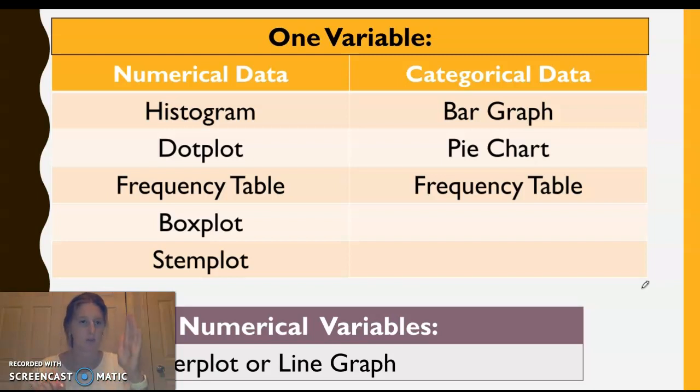We can compare whether our taller players score more or our shorter players score more, and for that we use a scatter plot or a line graph. Good breakdown here. Pause, take this info all in: one variable versus two, and also numeric versus categorical, and which data display we are choosing.